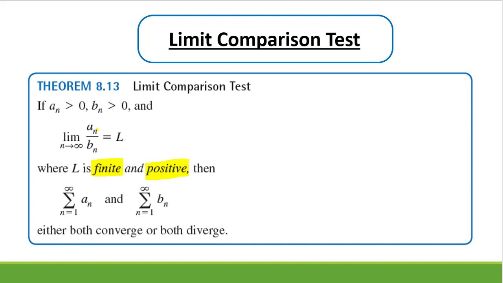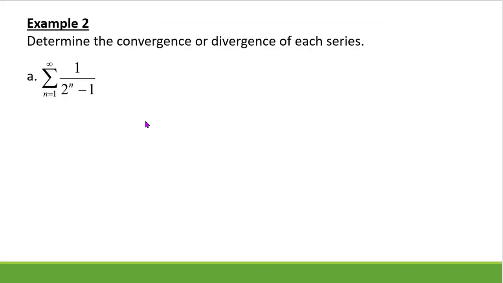Determine the convergence or divergence of each series. So this first one, I'm going to compare this to the series, again simplifying that denominator, I'm just going to use 2 to the n.